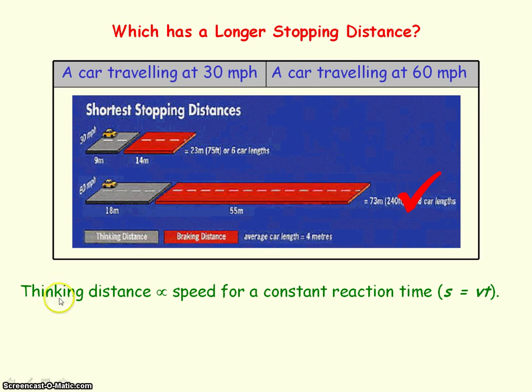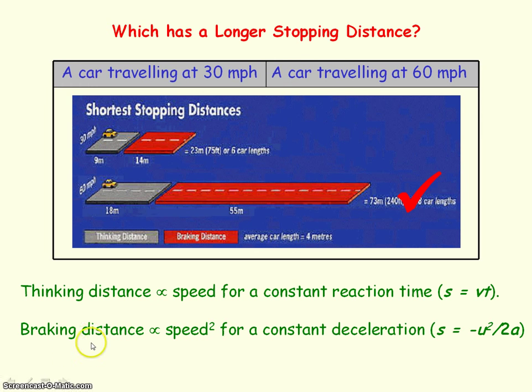And that's because thinking distance is directly proportional to the speed if we assume that the reaction time of the driver is constant, and that comes from the equation S equals vt. The distance equals the speed multiplied by the reaction time. So if time is constant, then S is proportional to v.